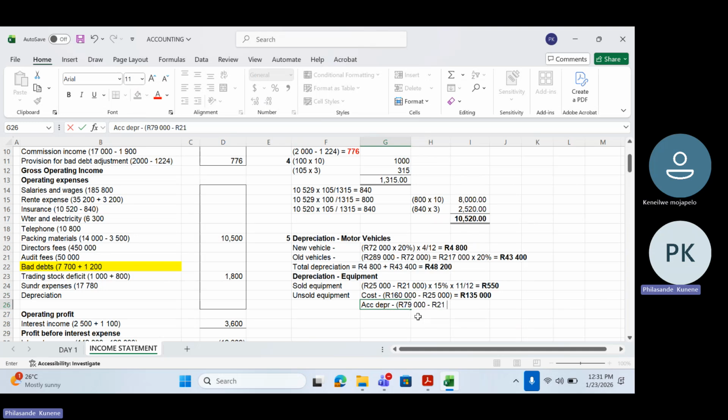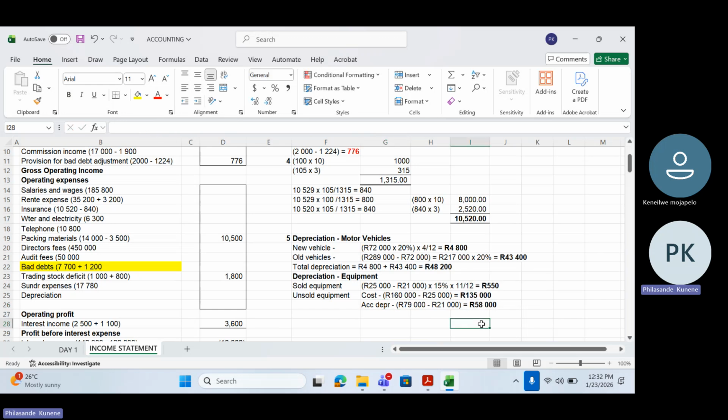And then how much am I going to get as the accumulated depreciation after removing the other one that was sold? $58,000. 58,000, right? Okay, so we're getting 58,000 rands.